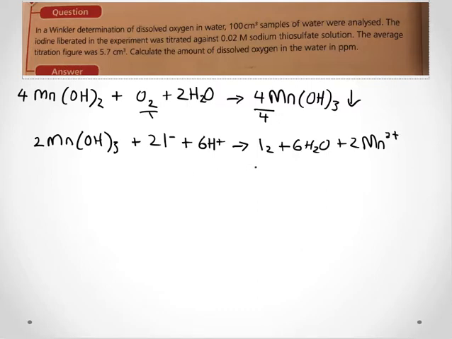Now, the product that we're interested in here is our iodine, because that's what we're going to determine the concentration of by titration with the thiosulfate after this. So now we know that for every 2 manganese we have, we get 1 iodine. So if we had 4 of these Mn3 pluses formed in the first reaction, we need to double this. So we will produce 2 iodines.